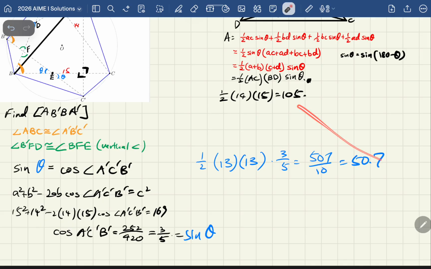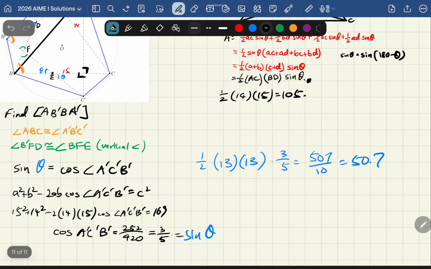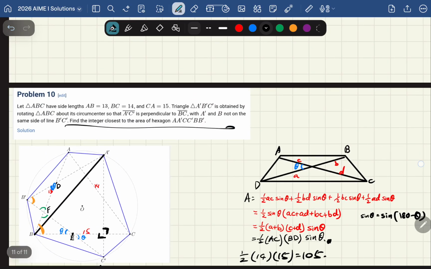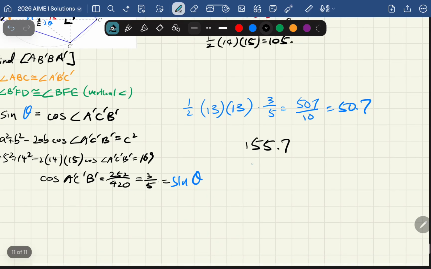And if you sum these two, what do you get? You get 155.7, which is the answer. No! It's 156. You thought I'm tired.